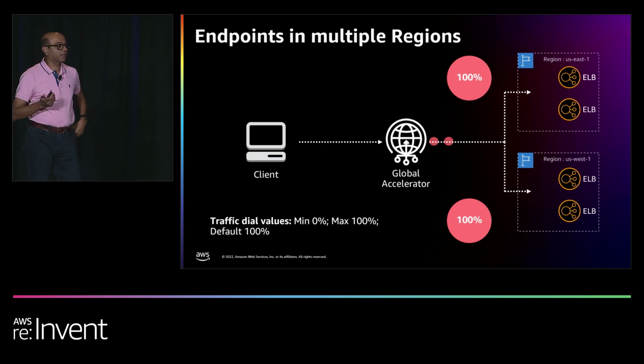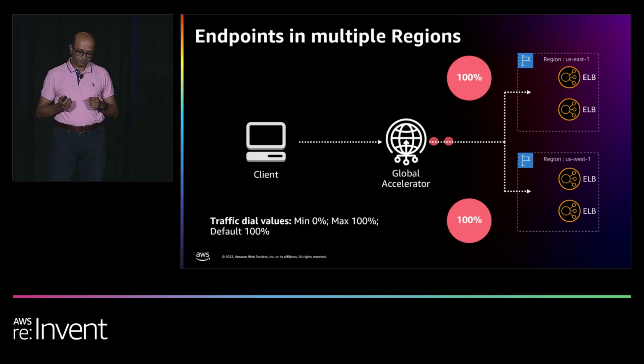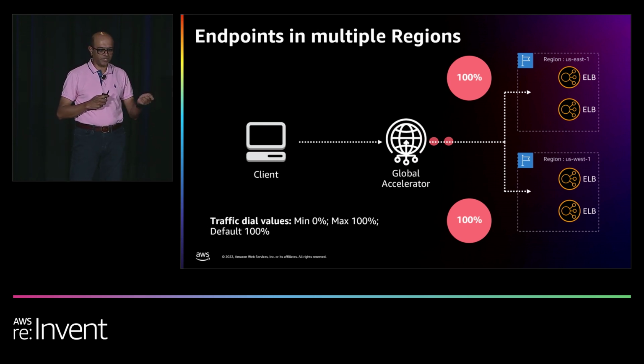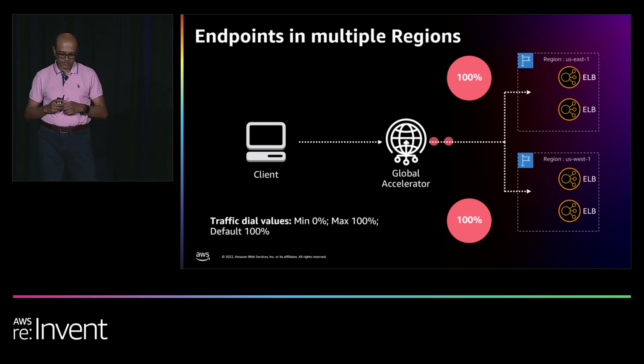Now, what about endpoints in multiple regions? So this is where traffic dials comes into play. When Global Accelerator is provisioned in front of multiple AWS regions, or endpoint groups as we call them, by default, requests are routed to the closest region. So healthy endpoints in the closest region.